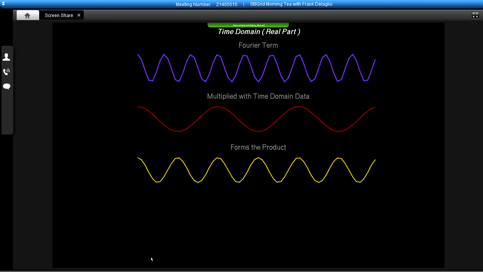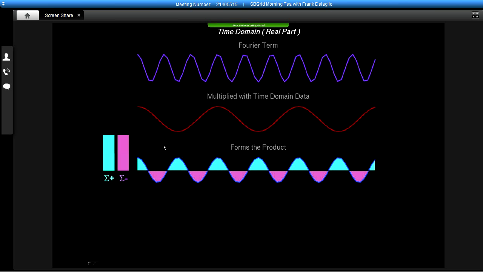To form one point in the Fourier transform, we multiply our time domain data with the corresponding Fourier term, and that forms a product. Now, in practice, this is happening with complex data, with real and imaginary data. We're only going to look at the real part of these results. So we have a Fourier term multiplied by time domain data, and that forms a product.